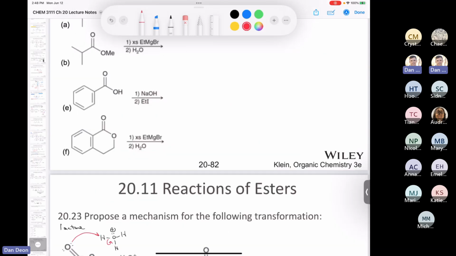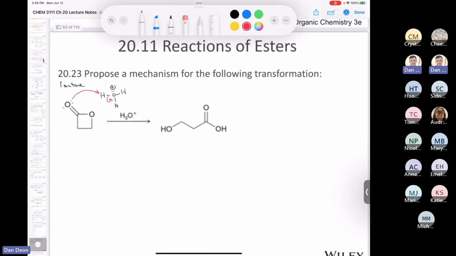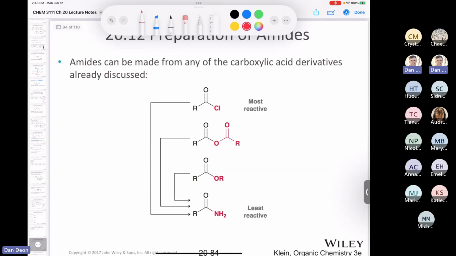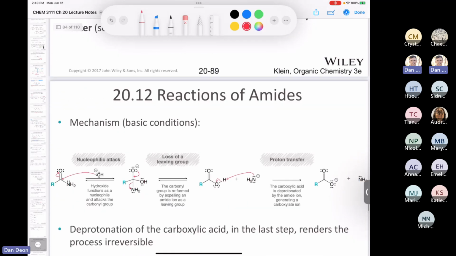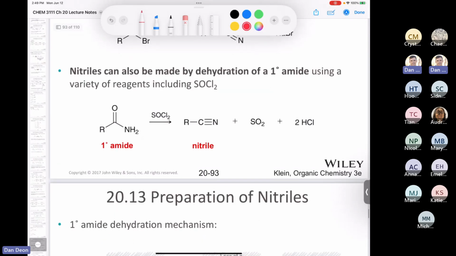Good. So what I'd like to do again is take a short break, and everybody, I would like you to try this question, and I would like you to try this mechanism. And then after that, we're going to get into the reaction of amides. And then after we cover amides, which is kind of not the most fascinating of the sections, but anyhow, we're going to cover that. And then we'll take a quick peek at nitriles.